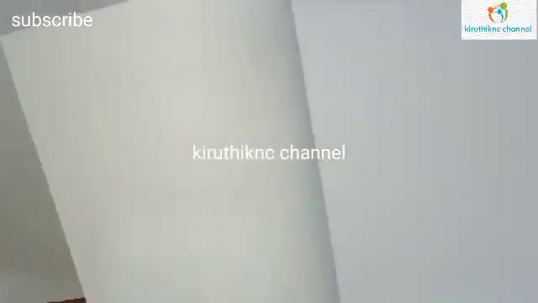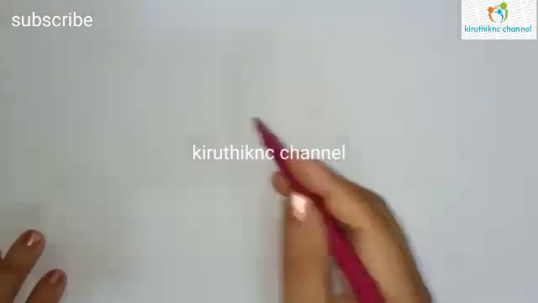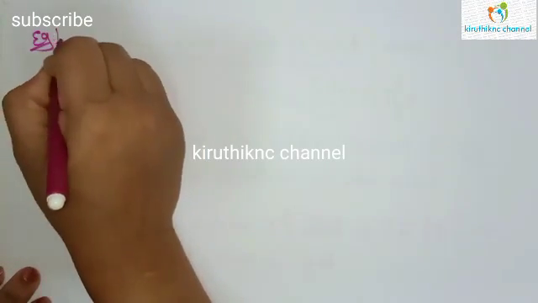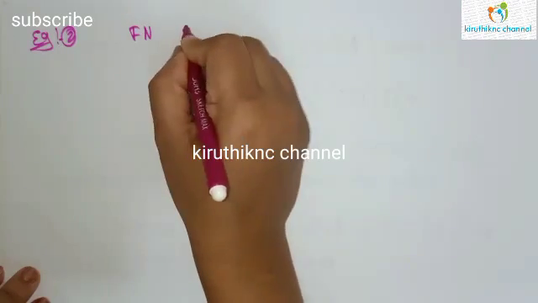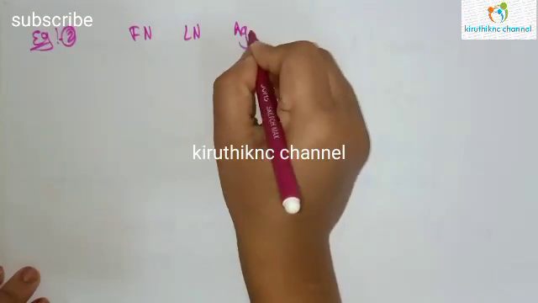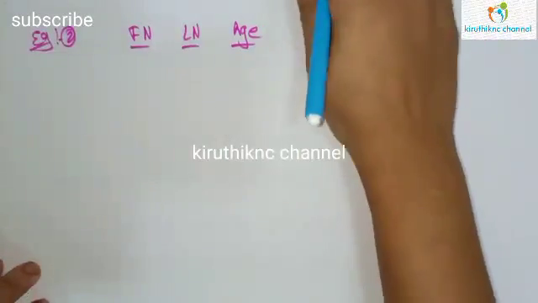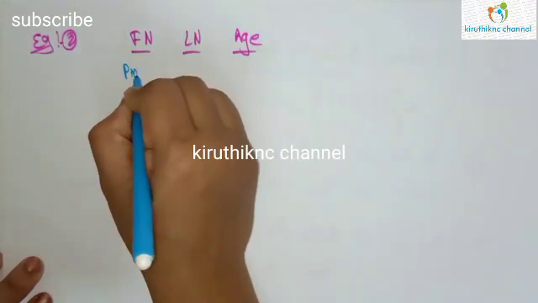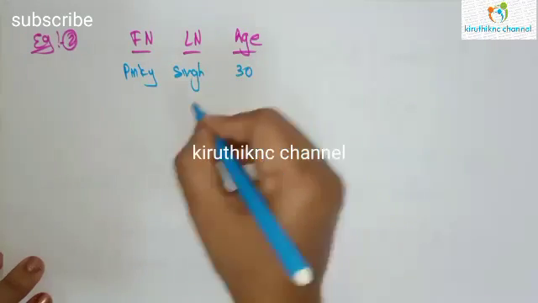Let me take one more example to get a clear idea regarding the tuple relational calculus. This time I am taking a table with first name, last name, and age. The first name is Pinky, last name Singh, age 30.